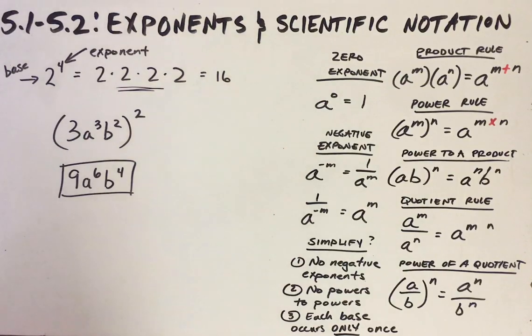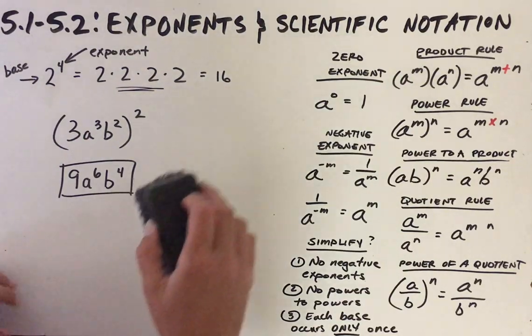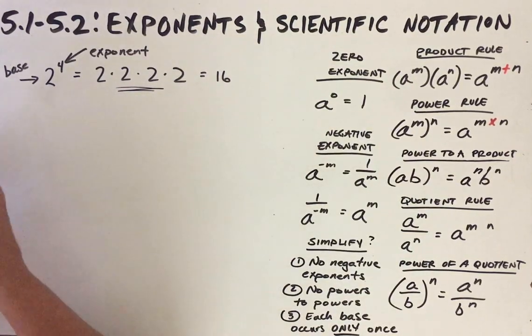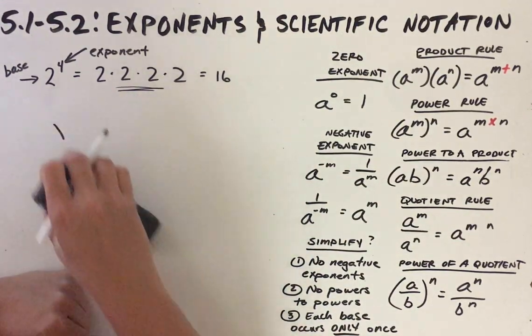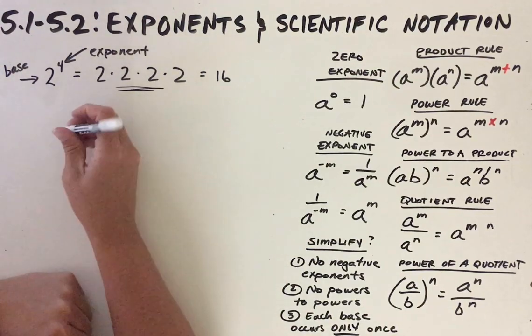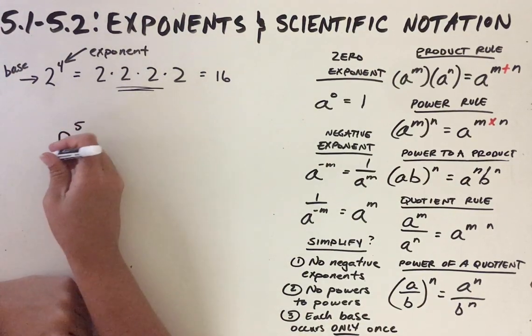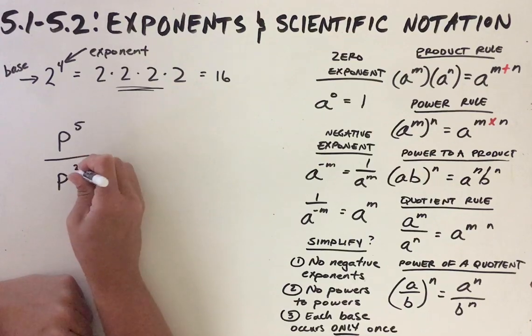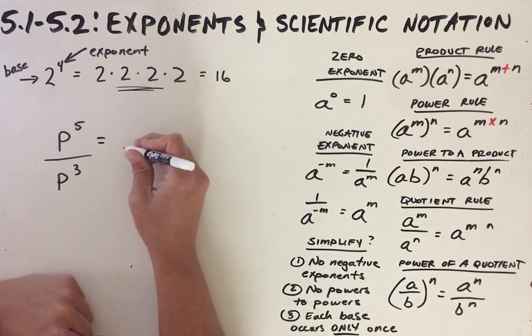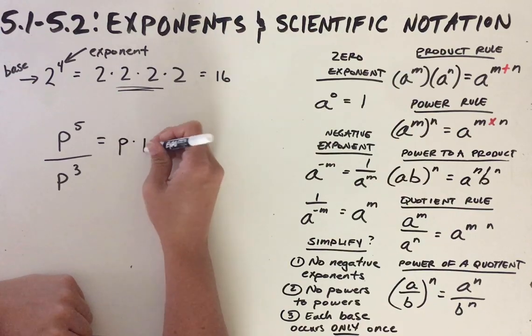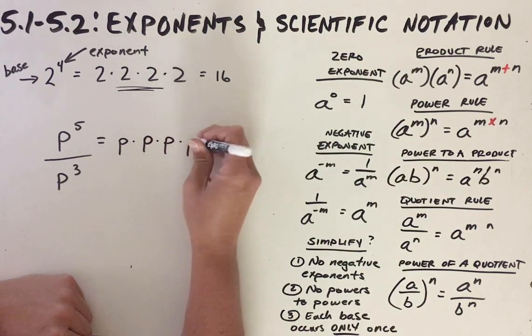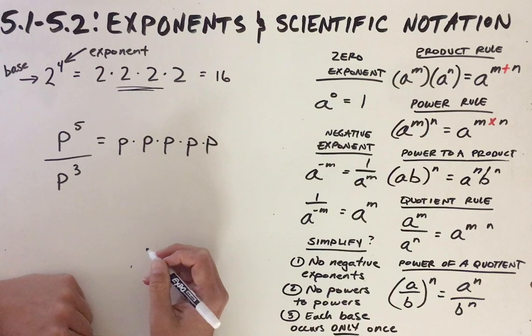For the quotient rule, let's look at, say we have p to the 5th over p cubed. Well, what does p to the 5th mean if I were to expand it? Just like I expanded this 2 here, it literally means 1, 2, 3, 4, 5 p's related through multiplication.